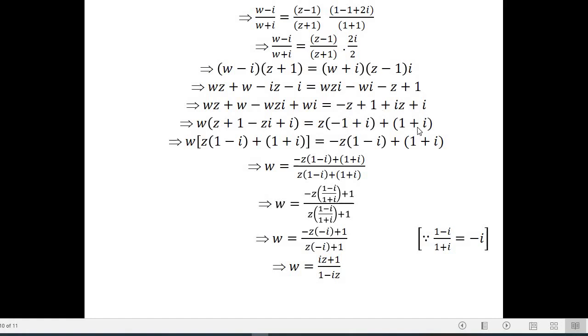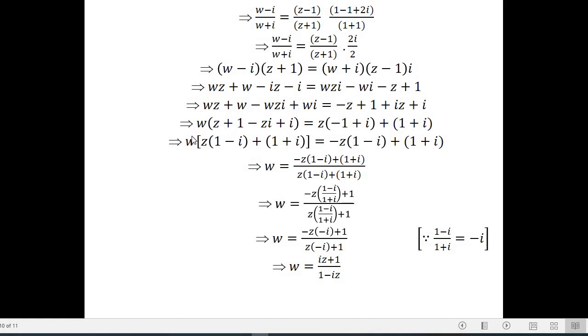Remaining terms 1 plus i. Group those two terms. Similarly in LHS, w into z minus iz, in these two terms take z common, we get 1 minus i plus remaining terms 1 plus i, that is equal to RHS term as it is.